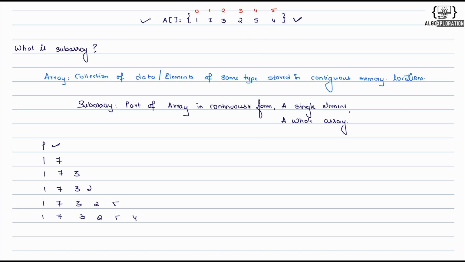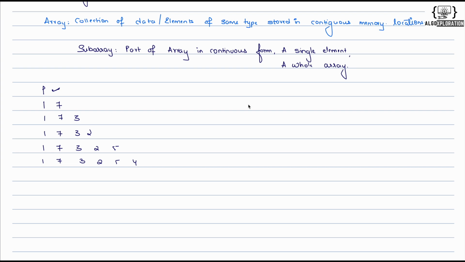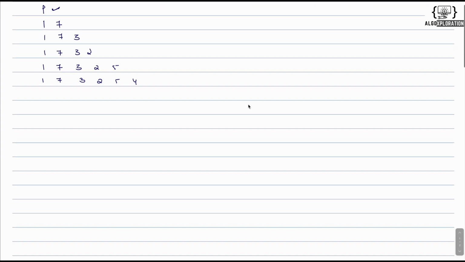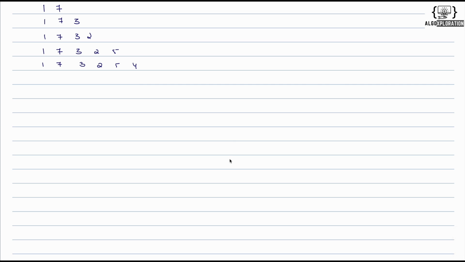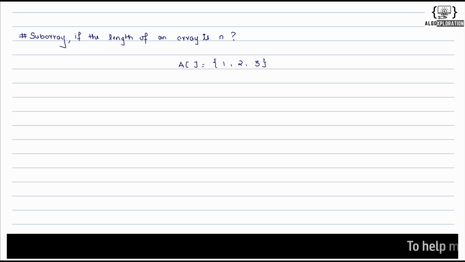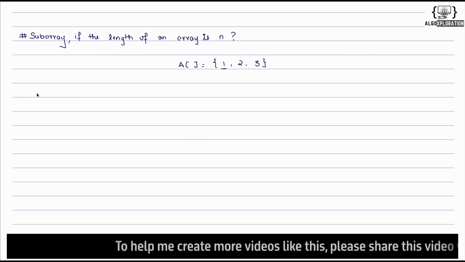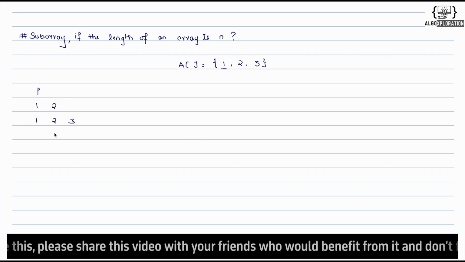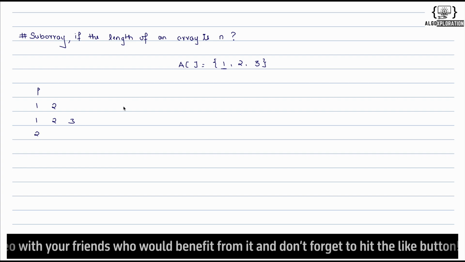Now if someone asks you how many different subarrays can be formed when the length is n. But before that, let's say we have an array which contains only 3 elements, 1, 2, and 3. Let's see, if we are starting from the 0th element, then 1, 1 2, 1 2 3, right?